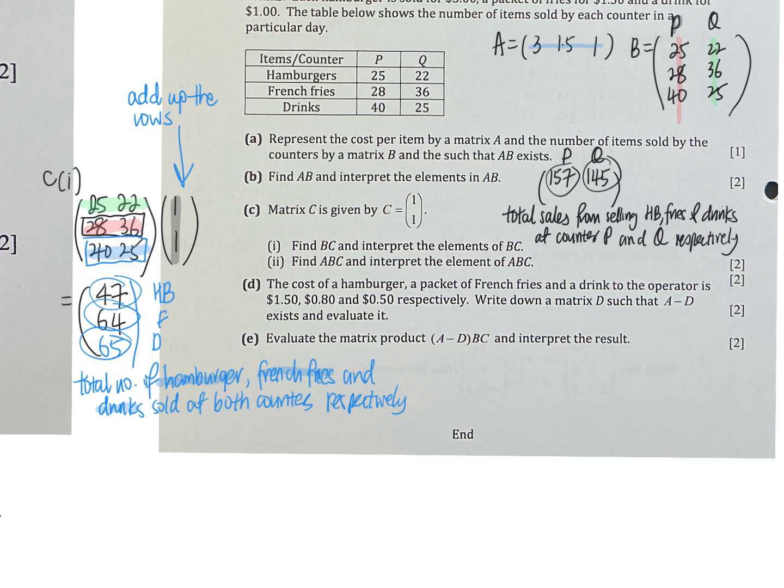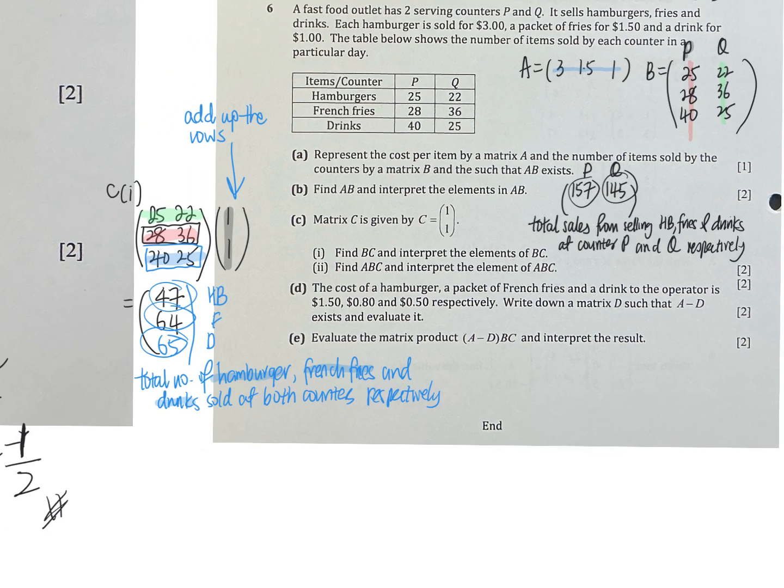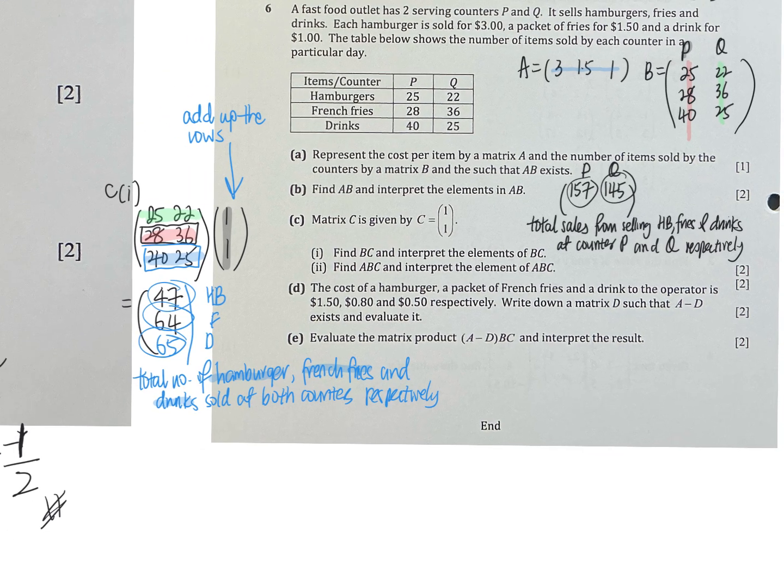Then now they say, after you find BC, right? This one is BC. Can you find ABC? So part 2, I will find ABC. So my A is this thing, 3, 1.5, and 1. I multiply with this one. So just now I know this is hamburger, French fries, and drinks.